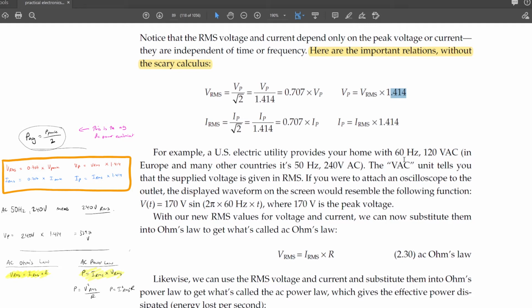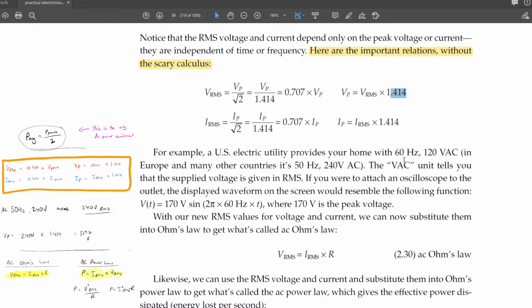Okay, so let's put 60 hertz. Oh wait, 50 hertz. Go 50. Get used to 50 hertz. I don't ever plan on living in America.